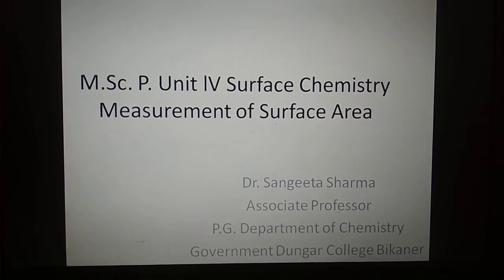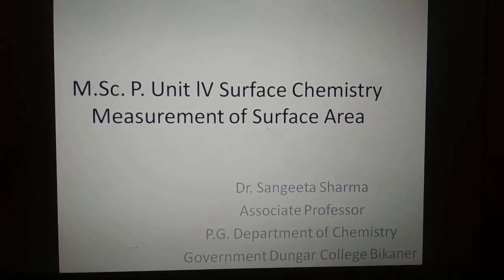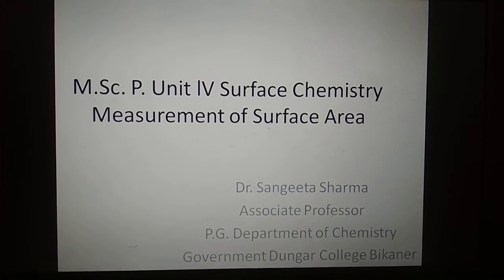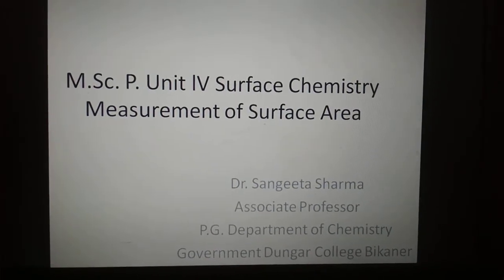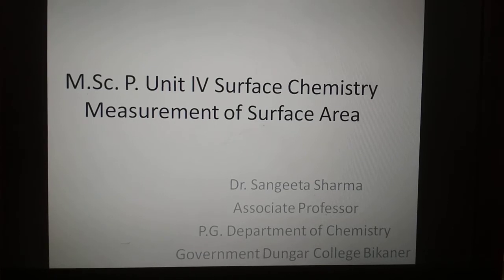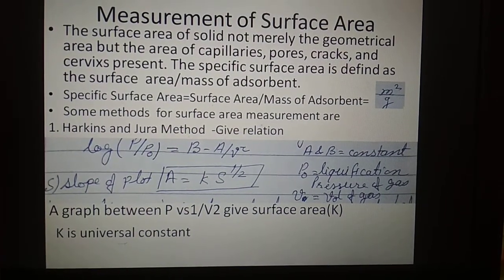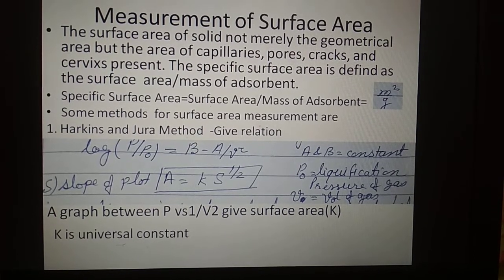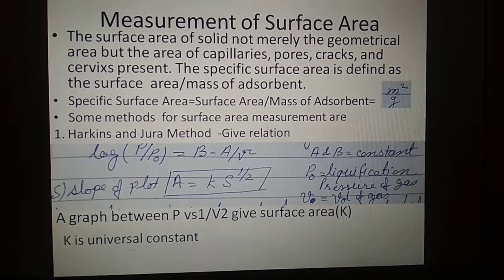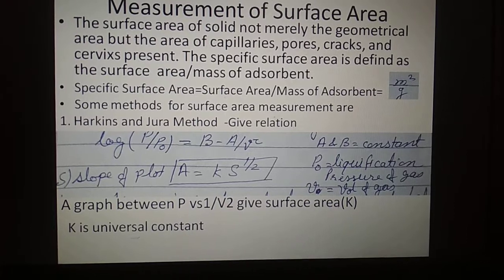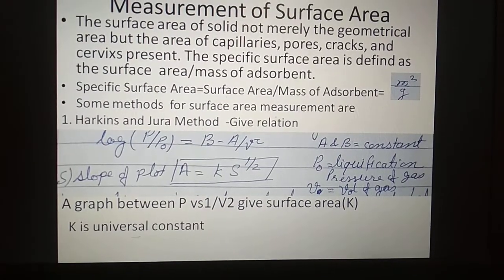आज हम MSc Previous Unit 4 सरफेस केमिस्ट्री में मेजरमेंट ऑफ सरफेस एरिया पढ़ेंगे। The surface area is the important parameter in surface chemistry. Area of a solid, not merely the geometrical area but the area of capillaries, pores, cracks and crevices present.